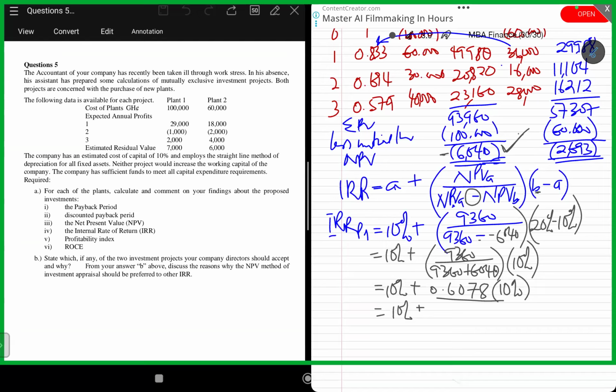Did you add everything? Yes, but I didn't bring the percentage. When you finish, then bring the percentage. 16 point what? 0.78 percent, right? Which is approximately 16.1%.